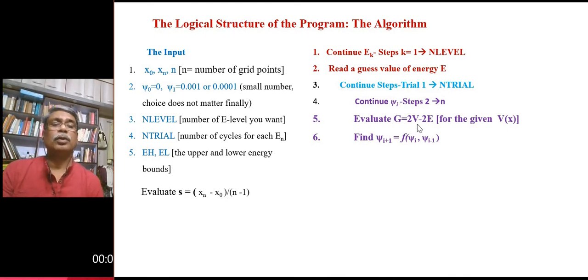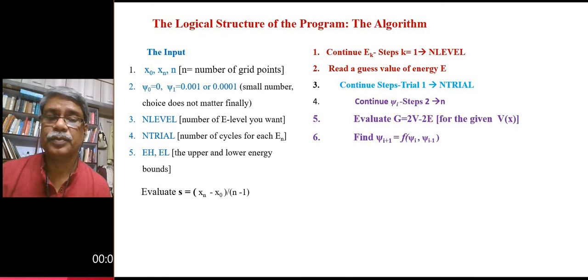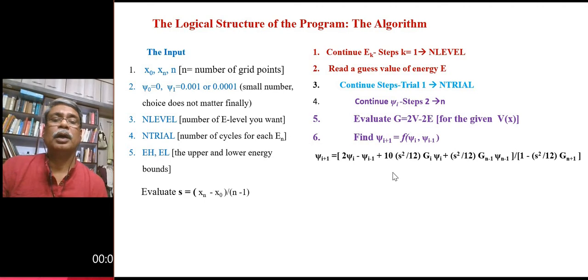V is known for the system, it's a function of x only, and E is the value of energy you have guessed at this stage. This is particularly for the SHO problem, where you use V equals half k x square, and then using the formula, as I have mentioned already, you are translating this formula to find psi i plus 1 from the earlier 2 points, that is psi i and psi i minus 1.